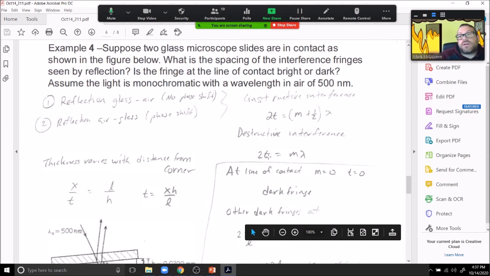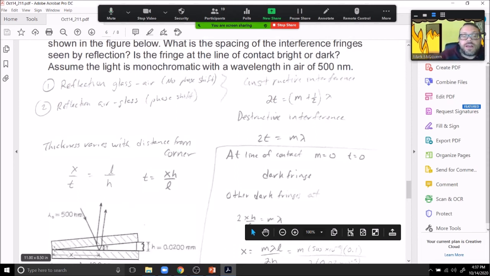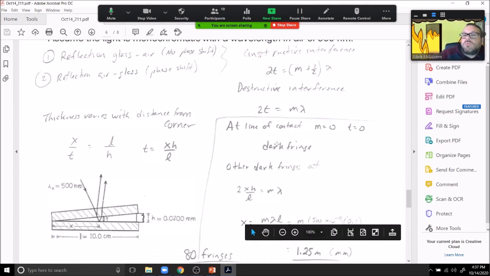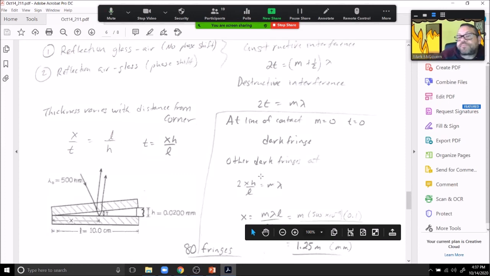So a thickness of 0 would correspond to destructive interference there. So at the very edge, you've got a dark fringe. Well, I say dark fringe, but you don't see anything, right? So let's keep working with the dark fringes then.